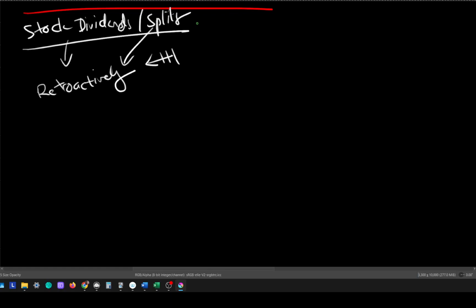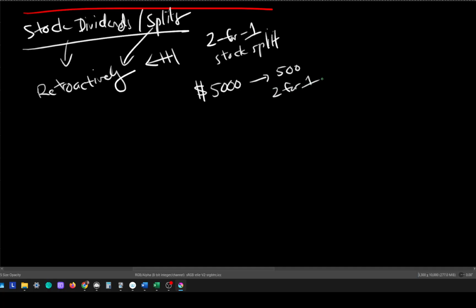And while they increase the number of shares that are issued and outstanding, it doesn't increase the overall amount that those shares are worth. For example, you might have a 2-for-1 stock split. Suppose your investment is like $5,000 spread over 500 shares, and there's a 2-for-1 stock split.